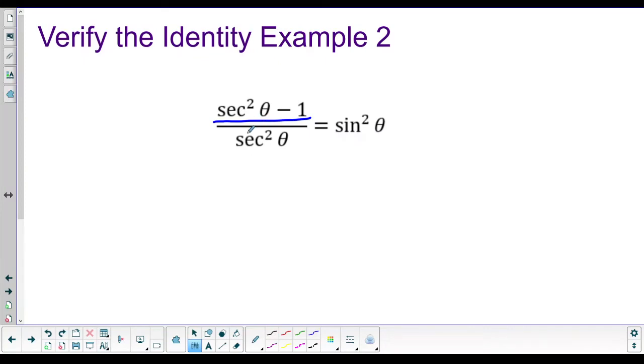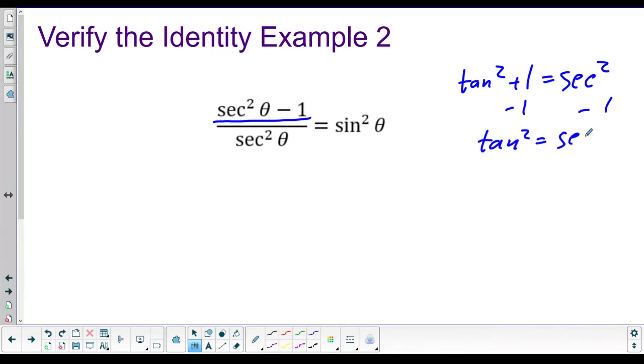But you have a list of them somewhere on a piece of paper. This one is not on there. Let me show you which one is on there, though. The one that's on there is tangent squared plus 1 equals secant squared. This is what you're going to see. Note, though, we can subtract 1 on both sides and get tangent squared equals secant squared minus 1.